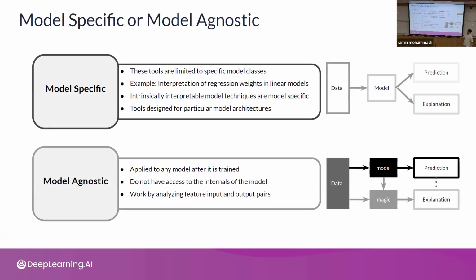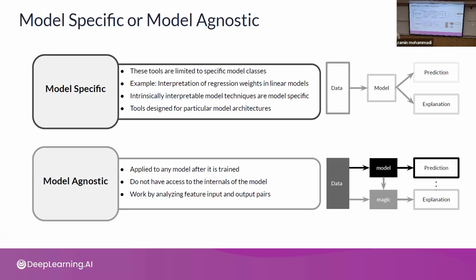And then the other one is model specific or model agnostic. Model specific tools are bespoke for your model. They won't apply to other models. You built it for your own model because you have a custom-made model. And model agnostic, on the other end, doesn't matter which model it is.